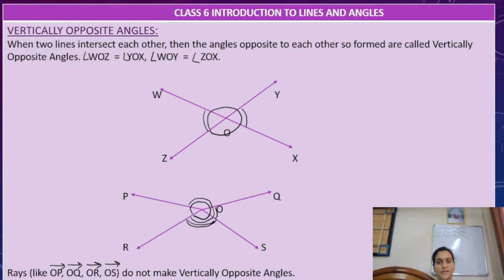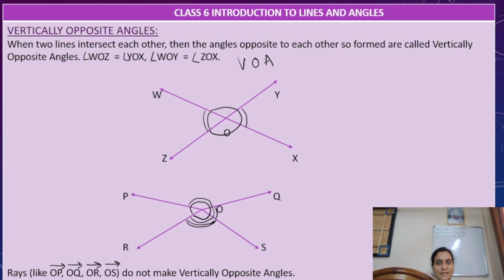Now what are vertically opposite angles? Vertically opposite angles are formed when two lines, remember clearly, two straight lines intersect each other, they cut each other at one common point. Then the angles opposite to each other are called vertically opposite angles, or in short VOA.